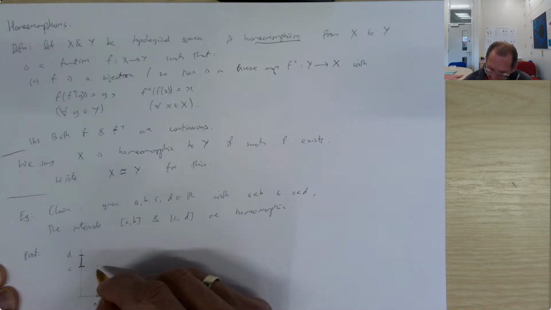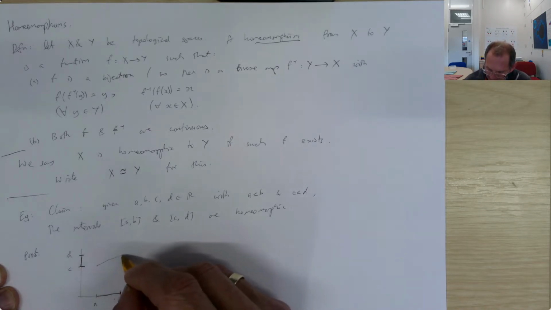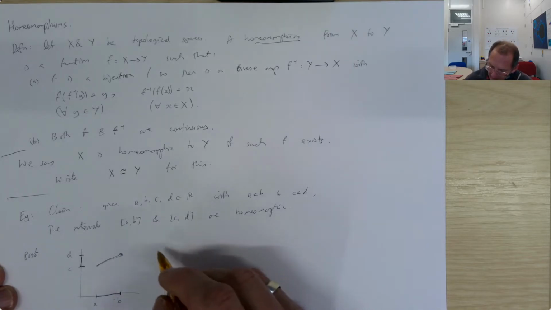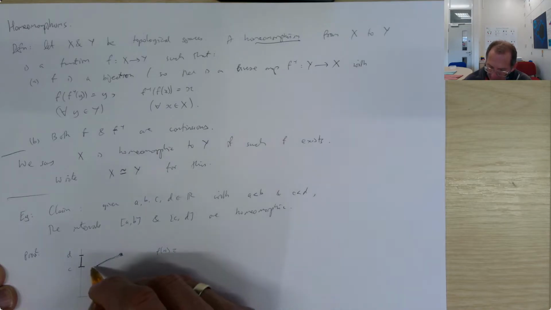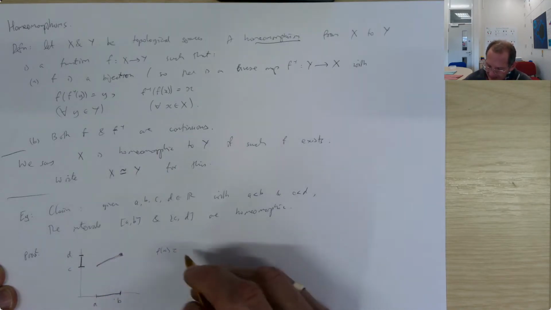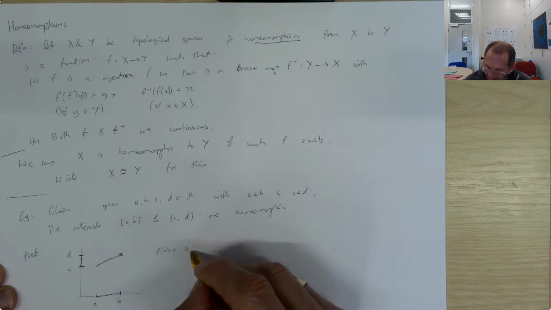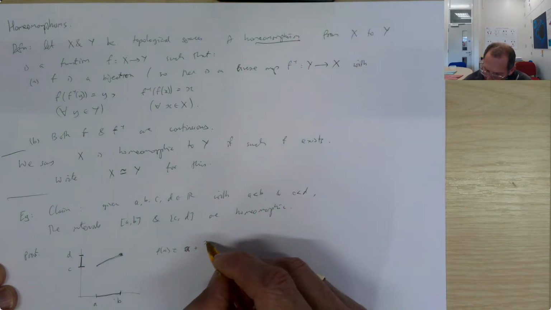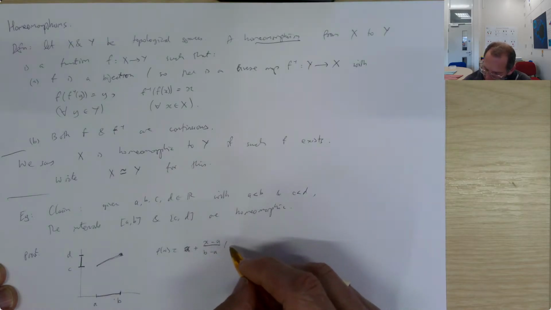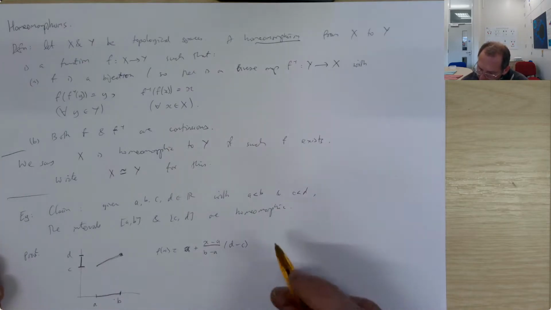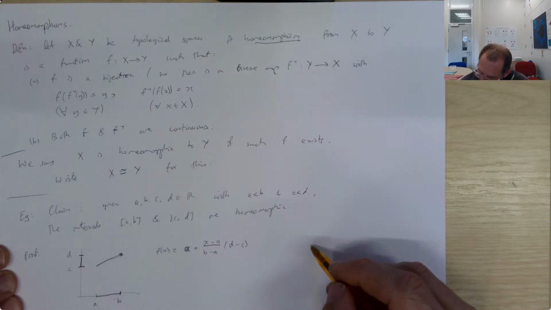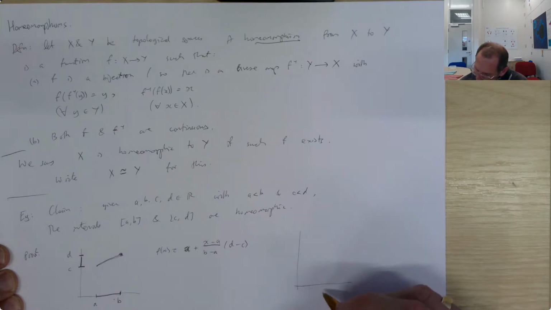So we need to find a function f from [a,b] to [c,d], and we take the obvious one. There's this graph here with a straight line. So here this is f of x. It's just a straight line graph that goes from (a,c) to (b,d), so that's going to be c plus (x minus a) over (b minus a) times (d minus c). And then we do the other way around.